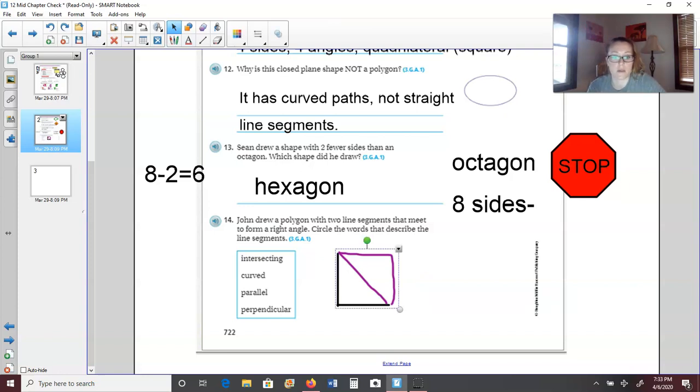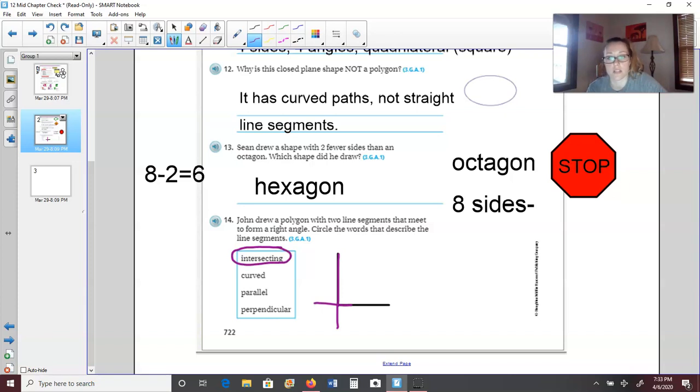We just need to focus on the fact that it has 2 segments that come together to create a right angle. So, are they intersecting? Remember from yesterday's lesson that intersecting means that they cross. And if I continue our lines, they do cross over.